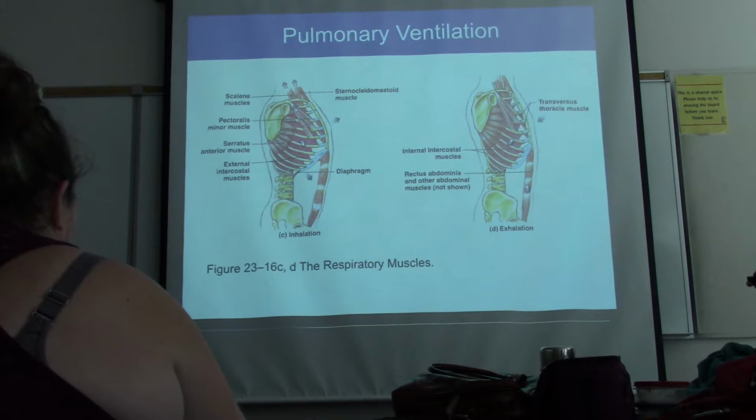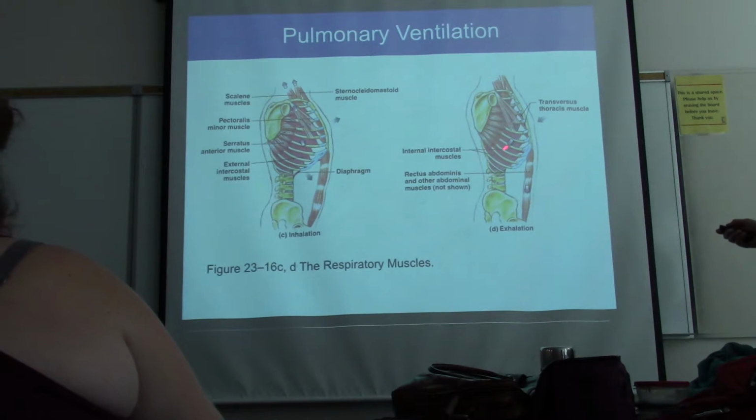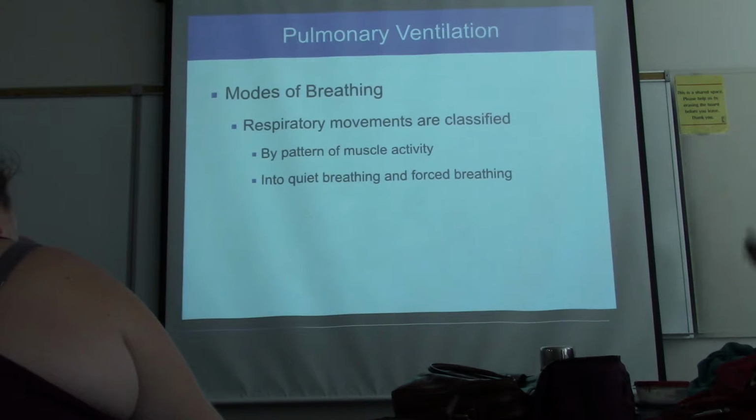There you have the rectus muscle; other abdominal muscles are not shown here. Internal intercostals pull it back down, and the transversus thoracis pulls the ribs down as well. So that's the deal. Here's the relisting of the inhalation ones, but you need to keep those muscles in mind.